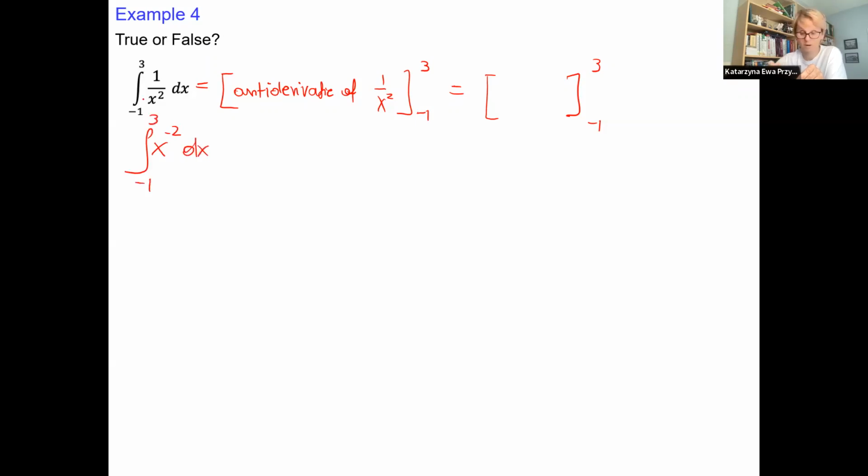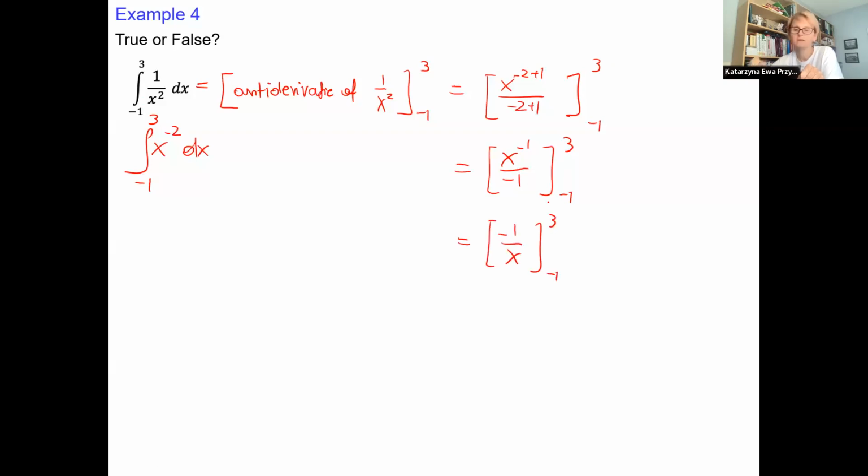If we look at the power rule, we add 1 and get x to the -1 over -1, between -1 and 3. Let's rewrite that a little bit: -1 over x. That's what Deepen was telling us, because x to the -1 goes to the denominator and the negative stays.